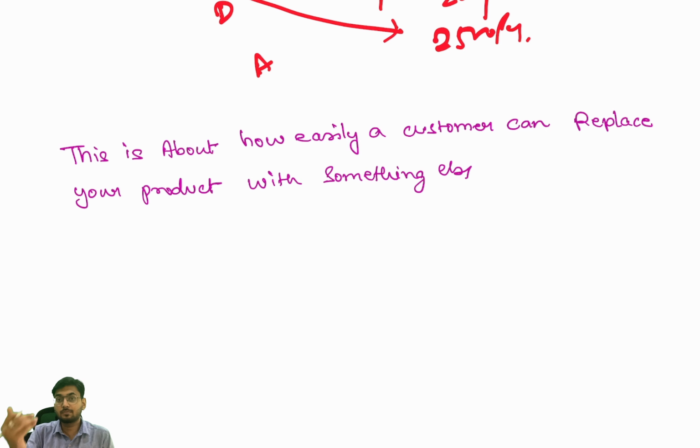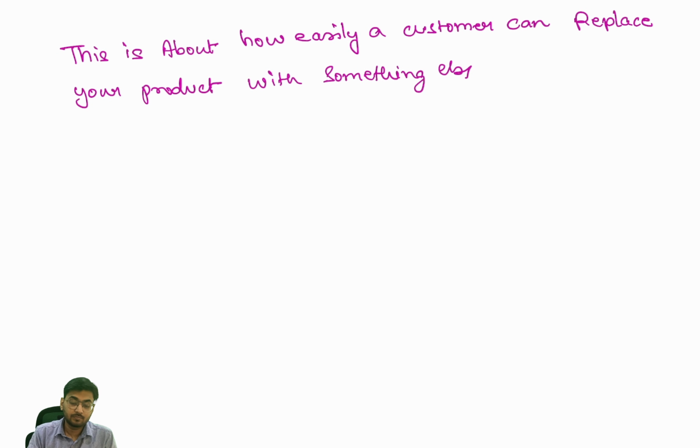If he can replace, pricing is low. If he cannot replace, pricing is high. Clear? Now, second, industry rivalry.